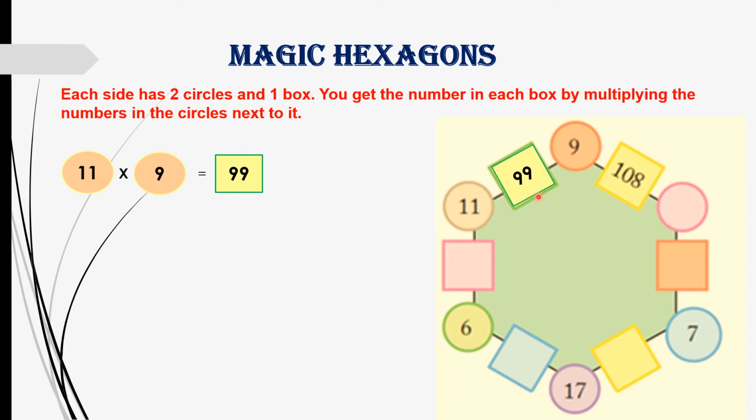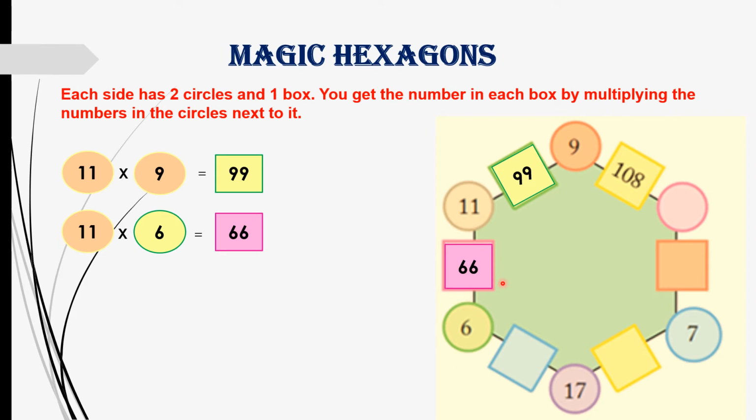Okay, then in the next one, 11 and 6 are given, which are inside the circles. Now what do I need to find out? We need to find the number in between 11 and 6. So I multiply 11 and 6 and my answer is 66. So I am going to fill 66 in the box.